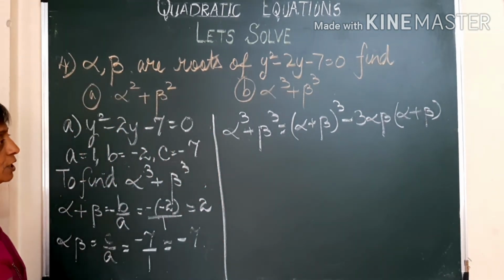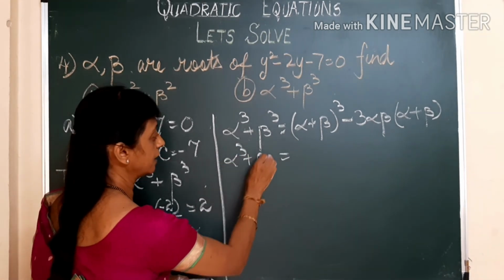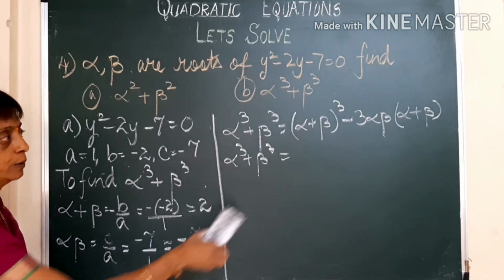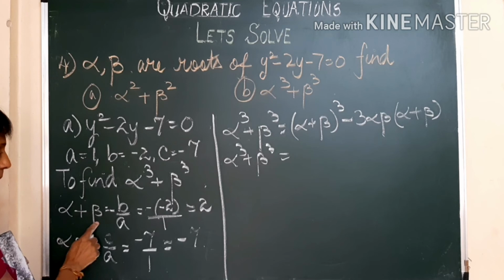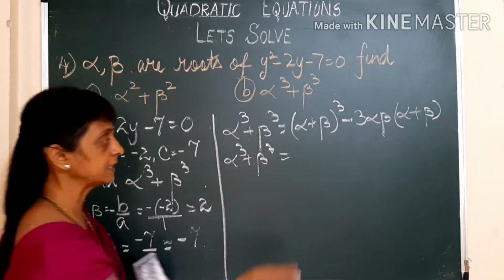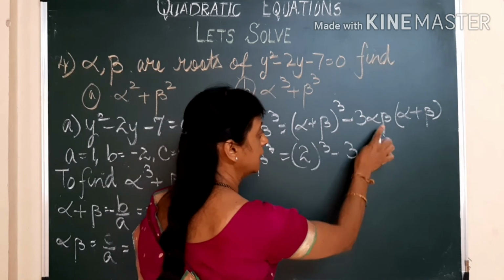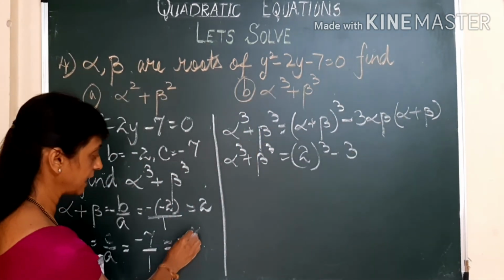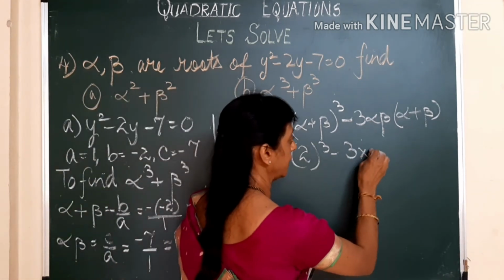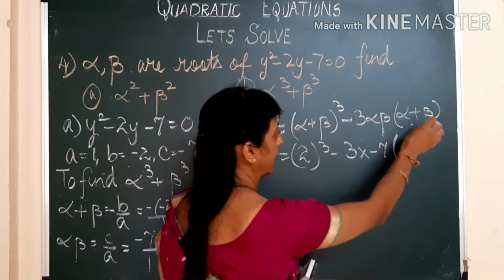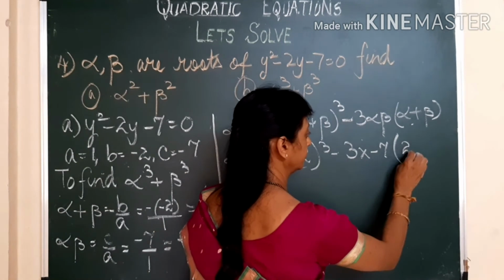Okay. Now let's substitute. Therefore, alpha cube plus beta cube will be equal to alpha plus beta the whole cube. Inside the bracket alpha plus beta, we have found out the value that is equal to 2. So that is 2 cube minus 3 into alpha beta. Alpha beta is minus 7. So into minus 7 multiplied by alpha plus beta. Alpha plus beta is equal to 2.